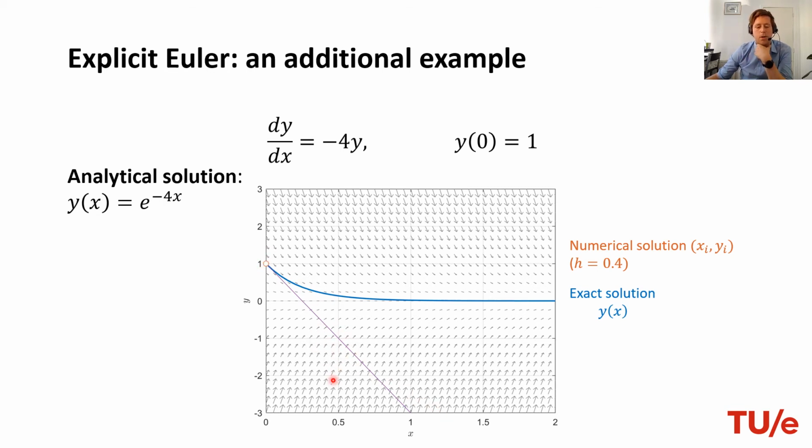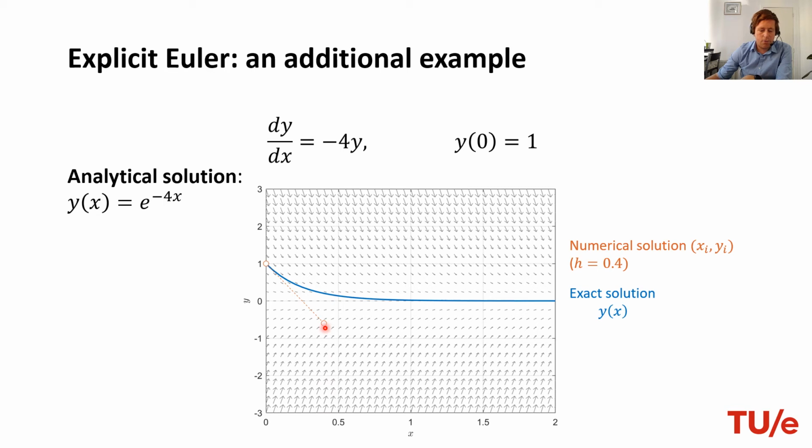Then we find the new solution in the next step to be wherever this line happens to be at x is 0.4. I guess that's around here where I'm pointing the pointer right now. So that's the numerical solution at x is 0.4.